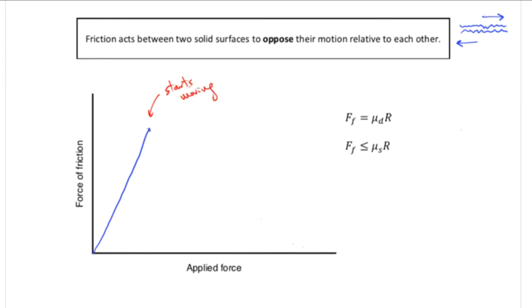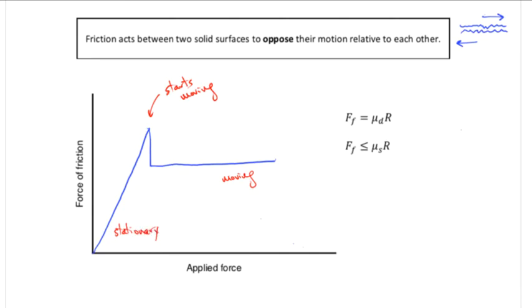In the example, it dropped off to 94 newtons. So let's say this y value here is 94 newtons, and then it maintained the same value throughout. So here we have the object stationary, and here we have the object moving.